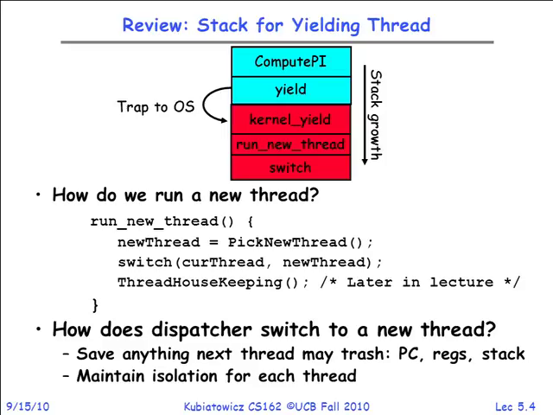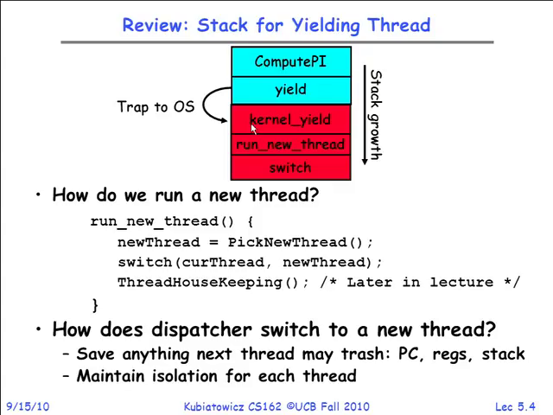Yes? We want to save the program counter, but what is this code? Will it use a different program counter? Or how are we going to make sure that as we execute this, we don't override the program counter? That is a great question. How do we get the program counter when it looks like we've screwed up the program counter because we've trapped into the kernel is what you're worried about? Or just executing code.